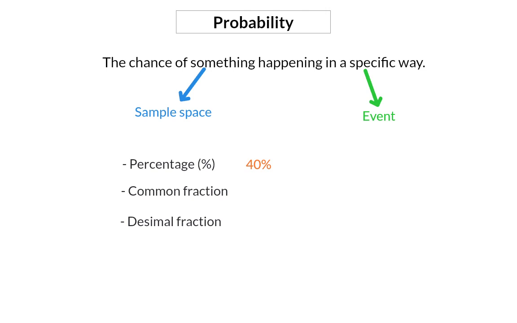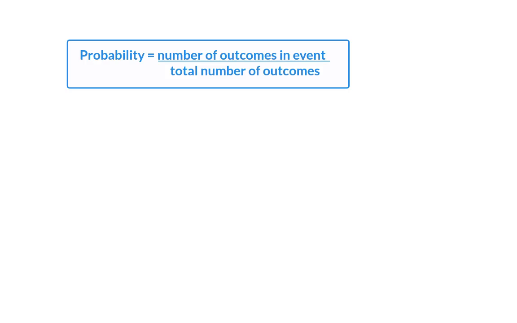So the example of 40% rain can be given as 40 out of 100, or simplified 2 out of 5, or as a decimal fraction of 0.4. To calculate the probability of a specific event happening, we take the number of outcomes in that event and divide it by the total number of outcomes in the sample space.